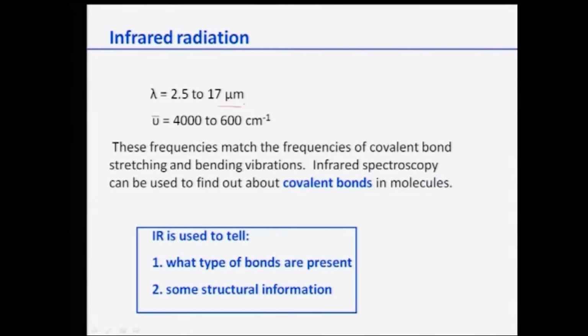If you multiply the micron values by 10 to the power 3, it is 2500 to 17,000 nanometers, which is much higher than the visible. The corresponding wave numbers are 4000 to 600 centimeter inverse.